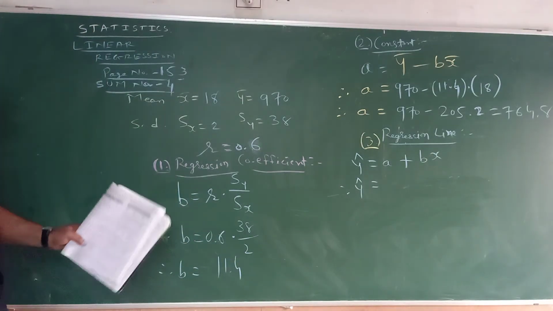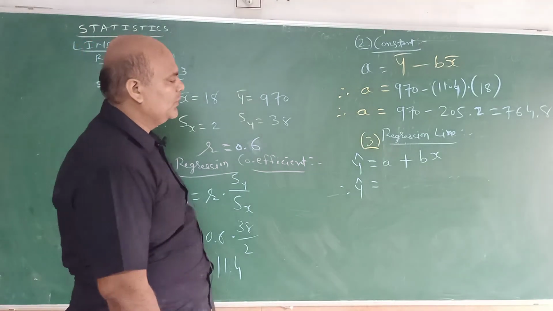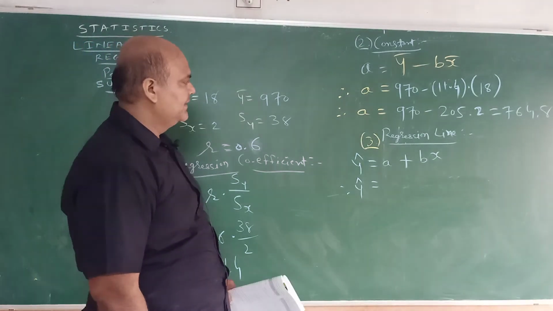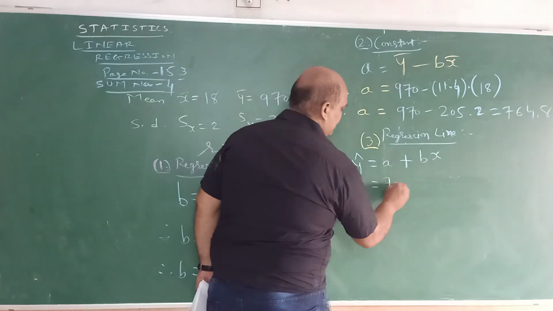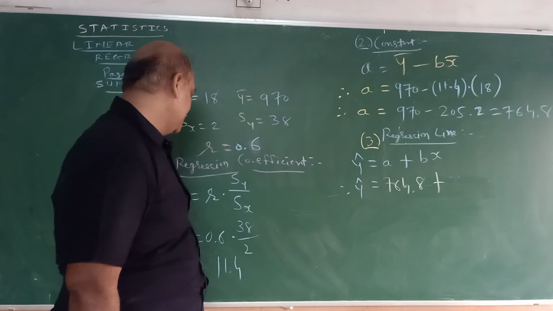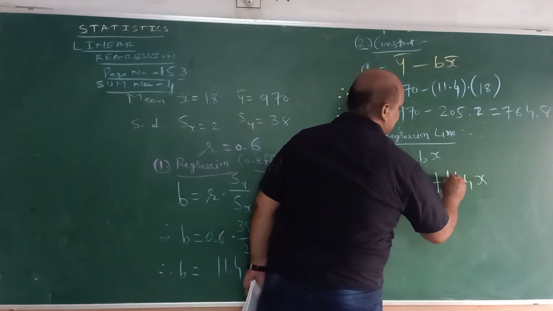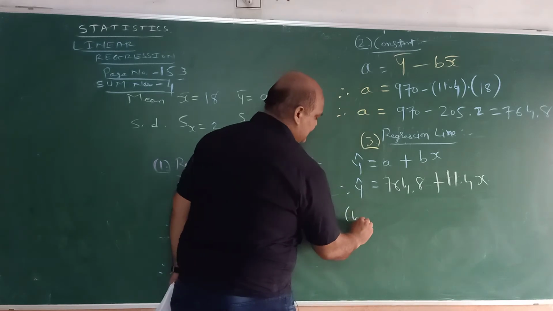Now, regression line, third step. Y cap is equal to A plus bx. A is 764.8 plus B, 11.4, x. Regression line is ready.